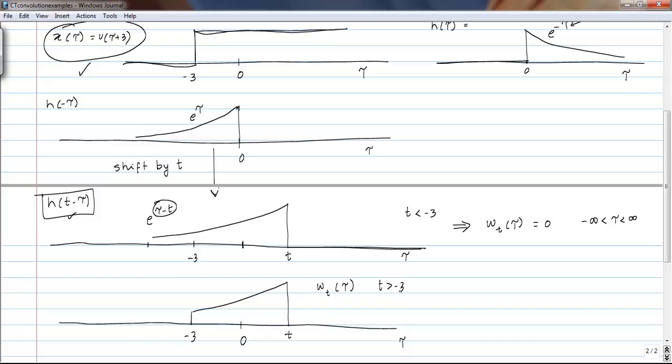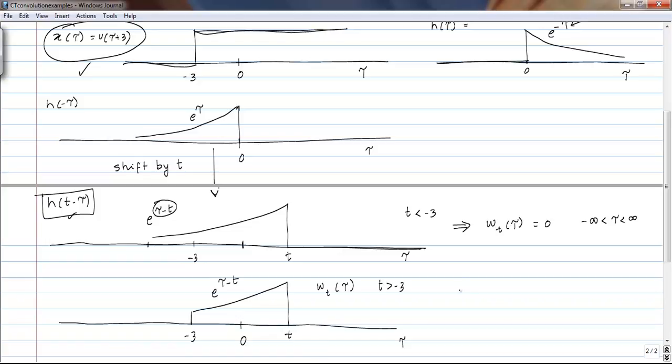When I say this is how it looks, what I mean is this: the functional form looks the same. It is always going to exist between minus 3 and t, and this is going to be e raised to tau minus t. Clearly, as t changes, this point is going to move to the right, and you're going to see more and more of this function e raised to tau minus t.